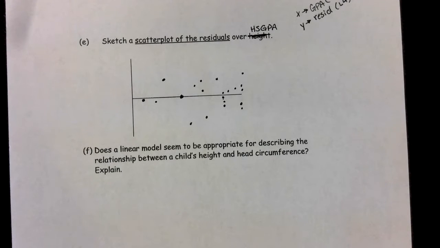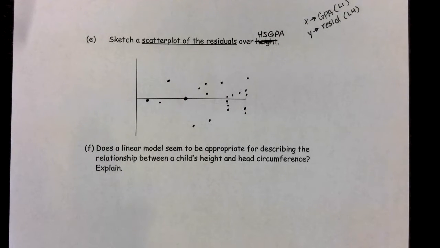Okay. So what does this mean? And what is the whole reason for doing this? One of the parts of our residual analysis: we calculate the residuals, we get the mean of the residuals, and then we make a scatter plot of the residuals.